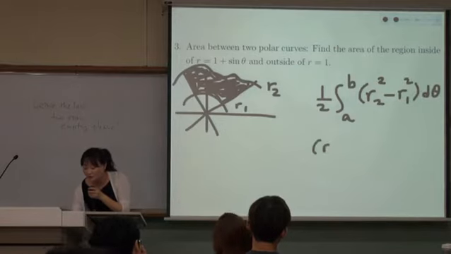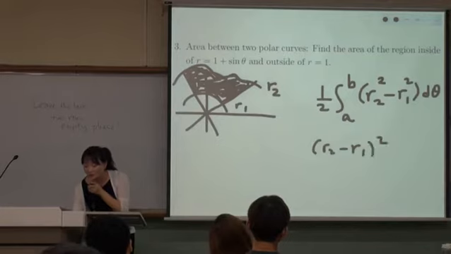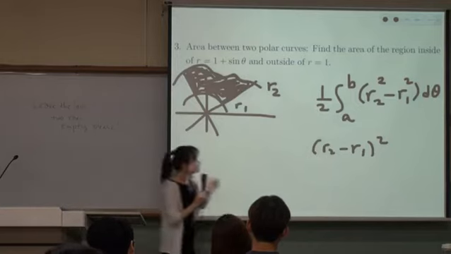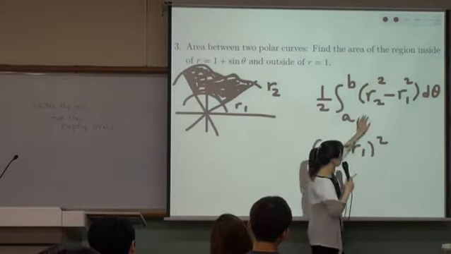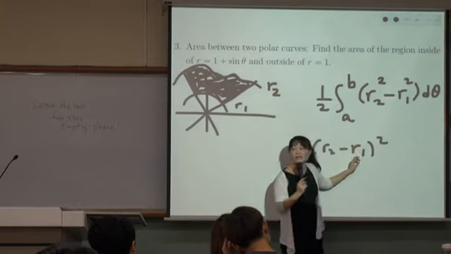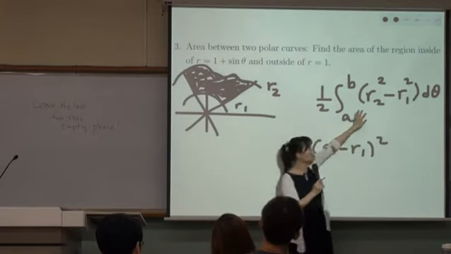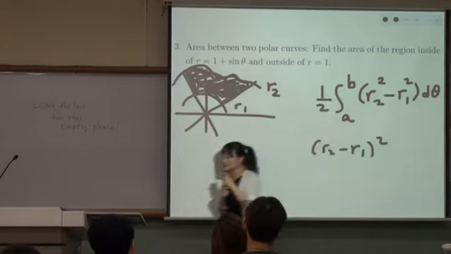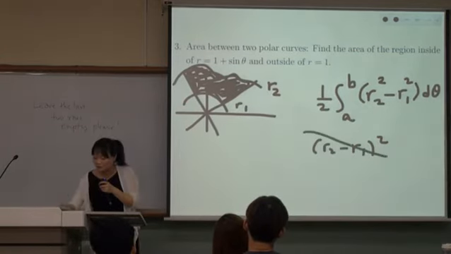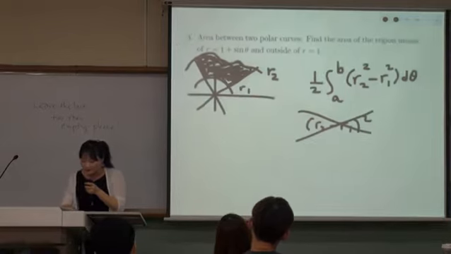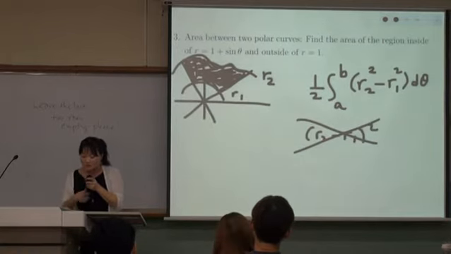If we put R2 minus R1 squared, am I right or wrong? Are they the same? No, this is wrong, okay? It is R2 squared minus R1 squared.